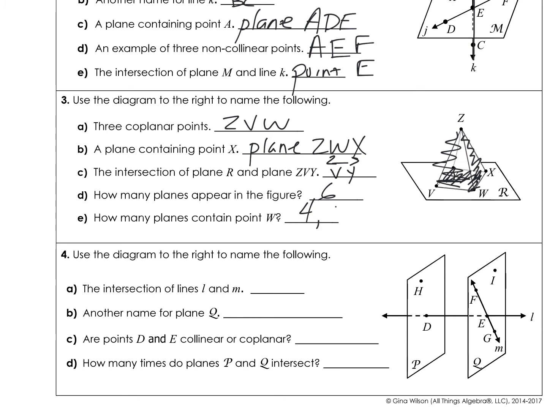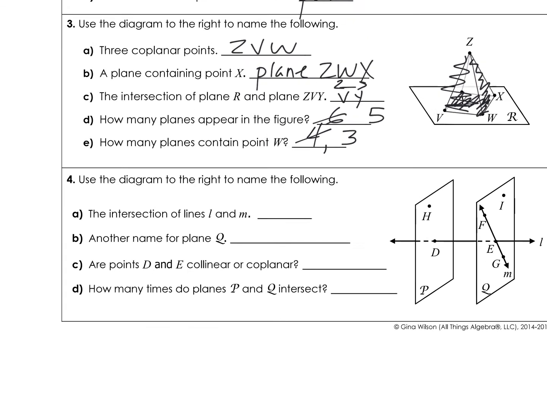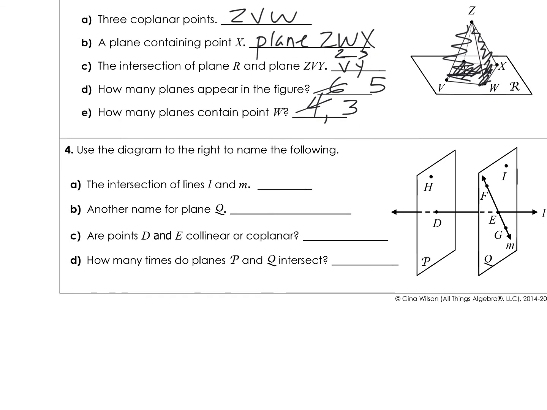Maybe technically 3. Okay. And I would say technically the base of the pyramid and plane R are the same. So we can also just say that's 5. But it's okay. Just want you guys thinking about it.